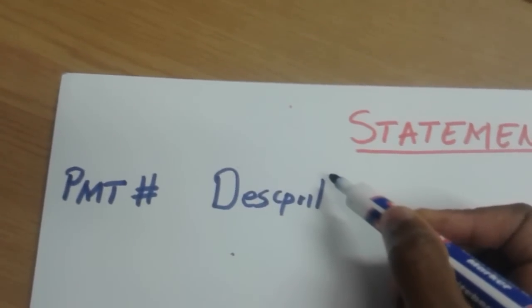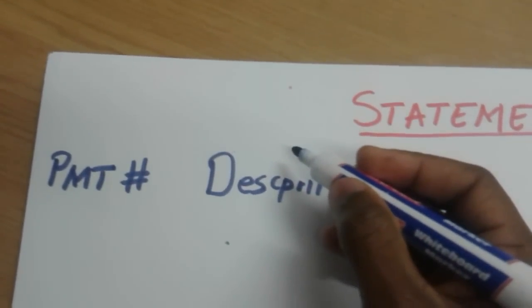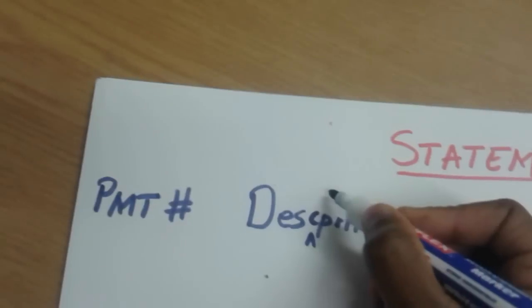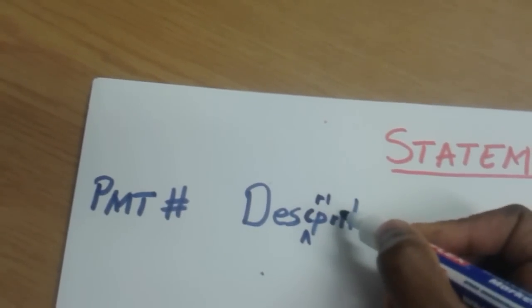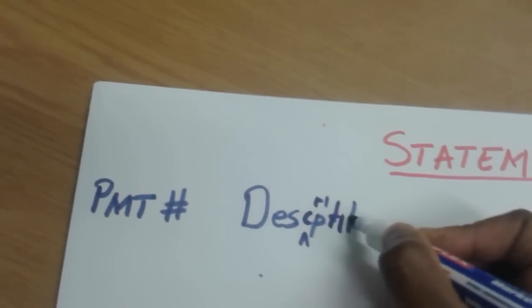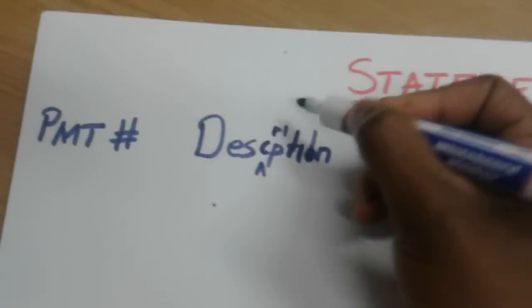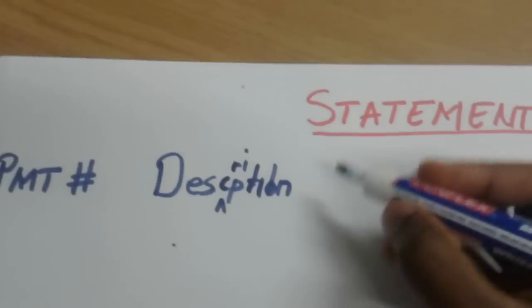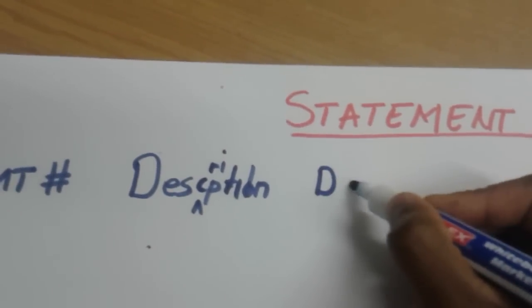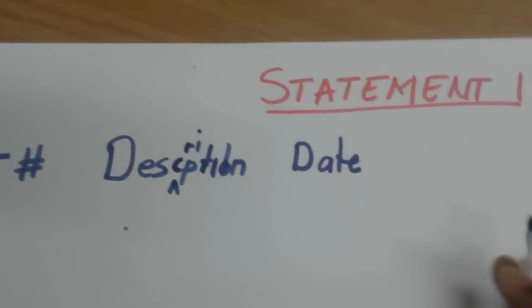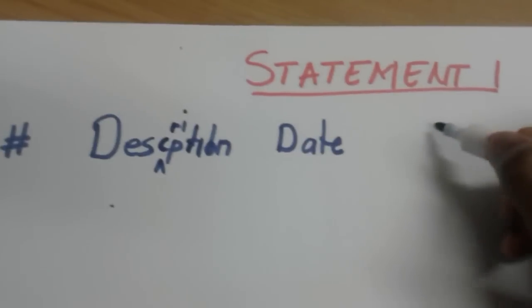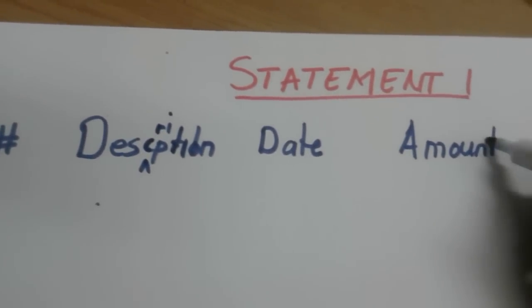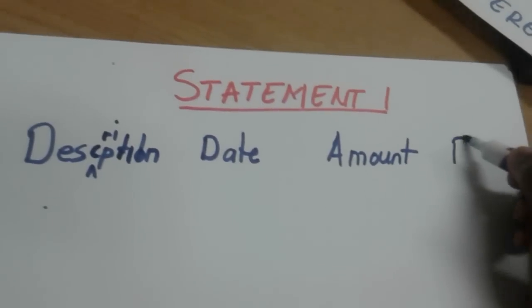Then we move on to the date or the effective date. Some people say effective date, and then the amount, and of course the balance.